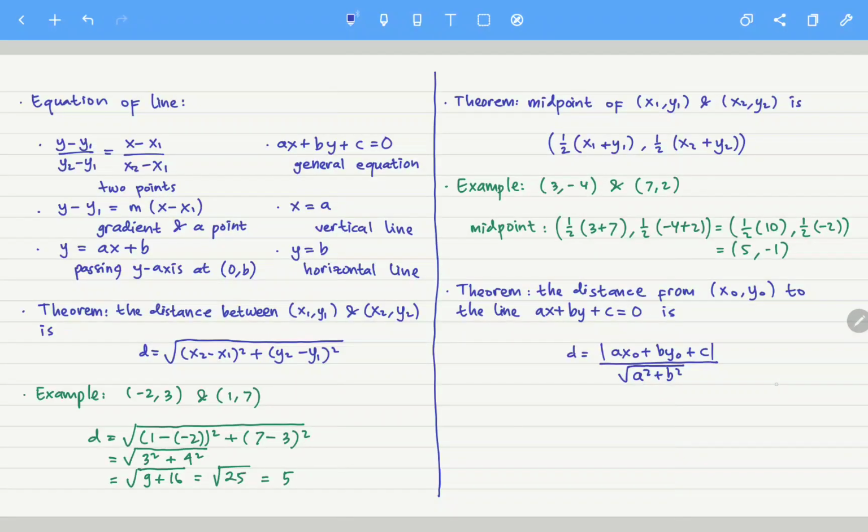So let's say we have the following line, and then we have a point here, so we calculate this distance. This is d. Now let's say a short example.